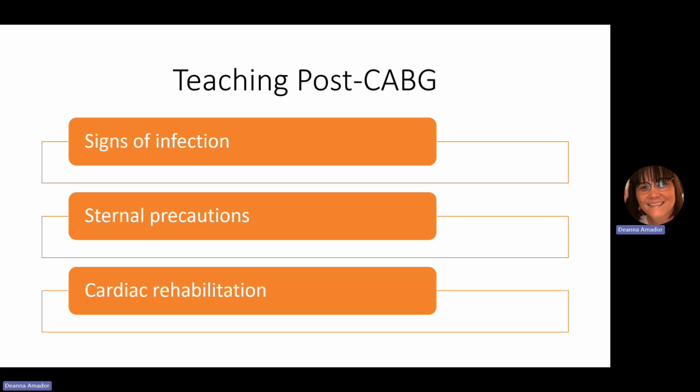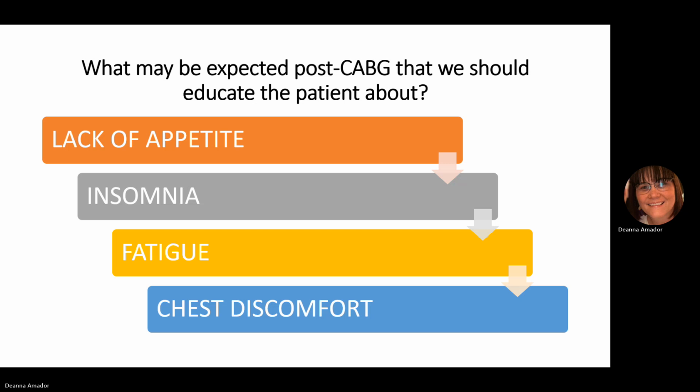They definitely look at modifiable risk factors and how to better that for the client. What may we expect post-CABG that we need to educate about? All of these pretty much make sense. Lack of appetite just because they had a major event. Insomnia will be difficult to get sleep, fatigue, chest discomfort. Usually for 2 to 5 weeks post-surgery, it's important to teach them about this.